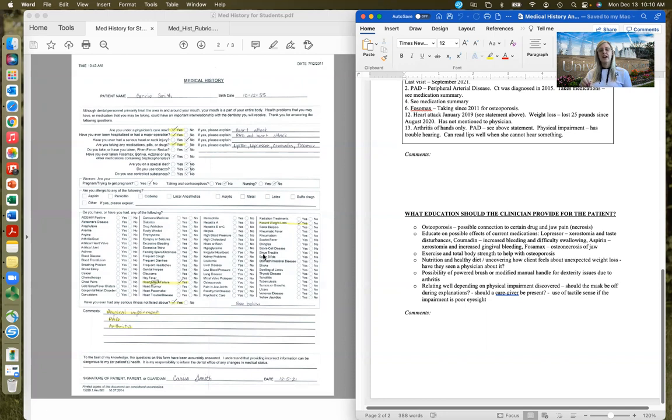So the actual point of education that I put, modified manual brush or powered toothbrush, may not be the exact answer, but what I wanted to see is that you had some sort of education pertaining to arthritis, to weight loss, and to physical impairment, okay?